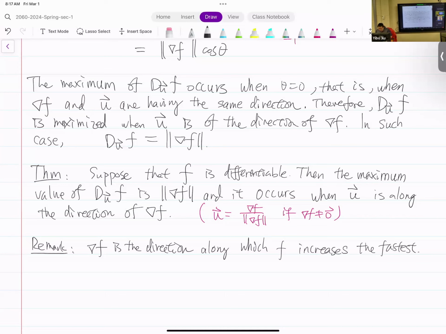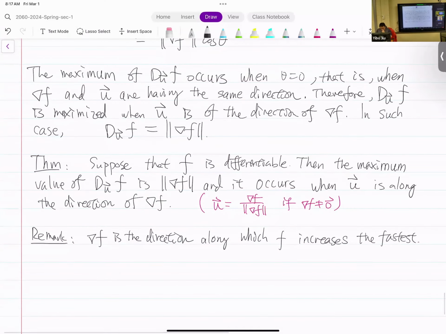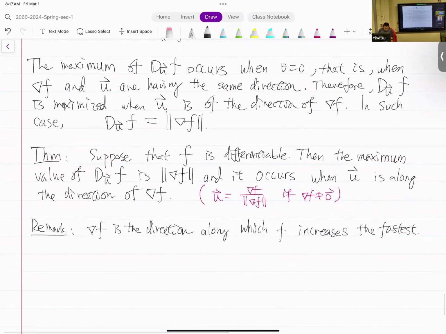It has the most positive instantaneous rate of change along that direction. And of course, if you go against that direction, then you have the most negative instantaneous rate of change.